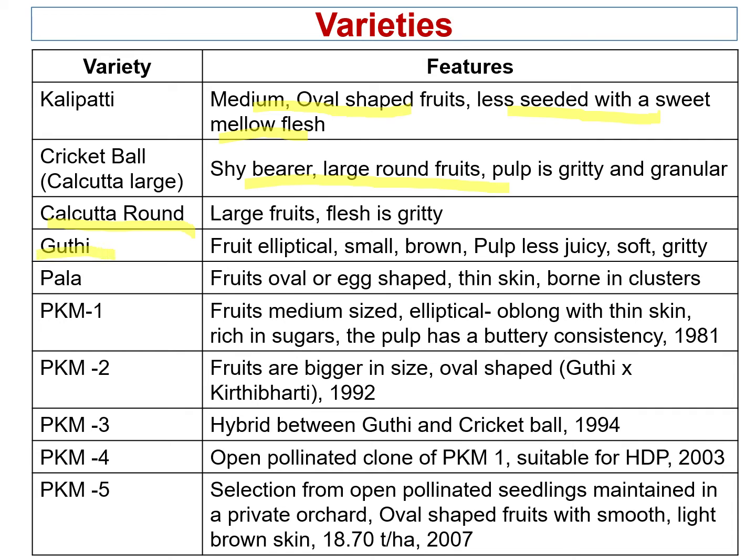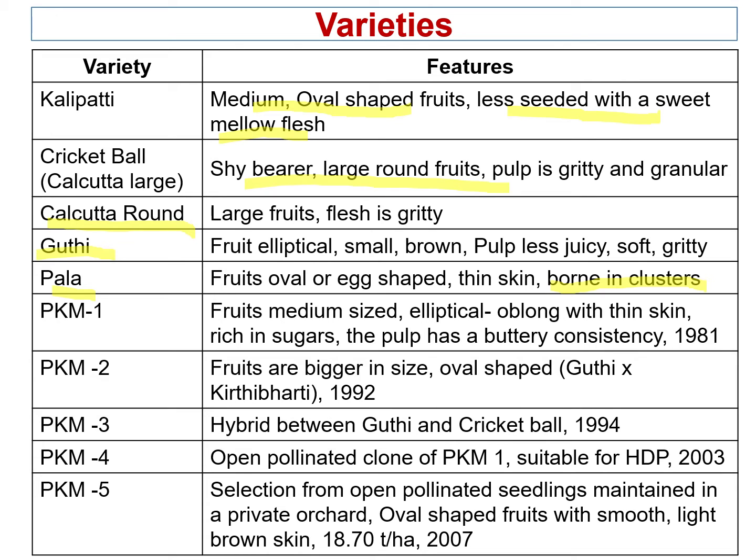Next is Guthi. The fruits are elliptical, small, brown, pulp less juicy, soft and gritty. Next is Pala. Fruits are oval or egg-shaped. And the peculiarity of Pala is that they are borne in clusters. Next is PKM1.